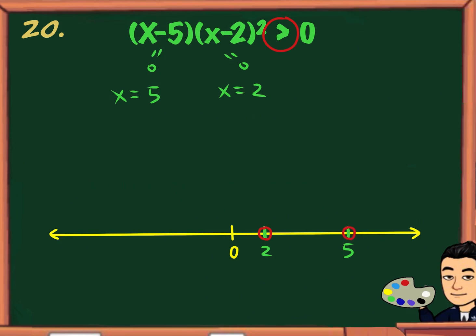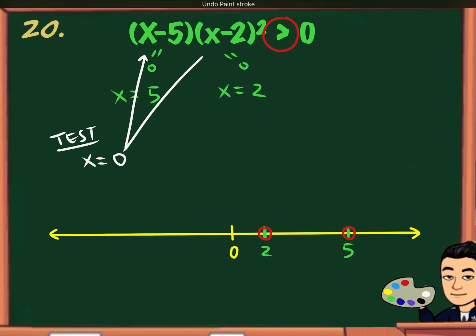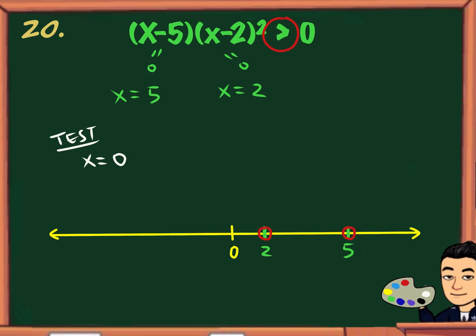Now I'm going to be doing some tests. This is the testing part. You're going to test out each interval, and you can just put in any numbers. So I'm going to put x equals 0 and test it out. When you plug in 0 for x and see if this is greater than 0, if you do your math, it's not greater than 0.